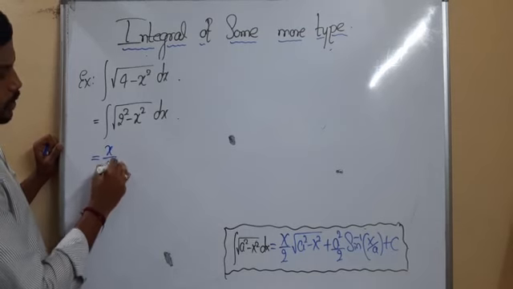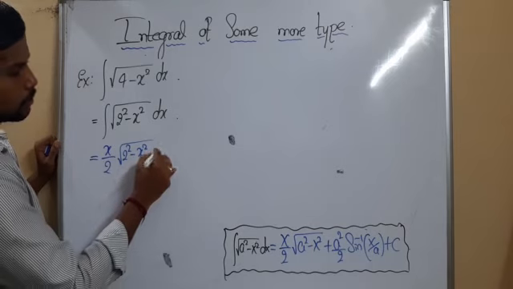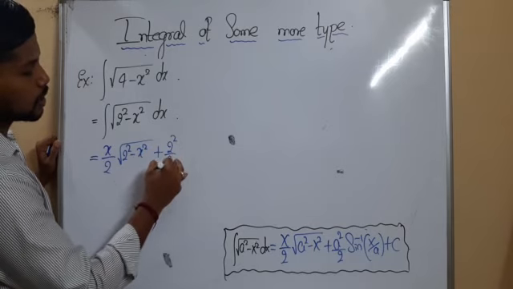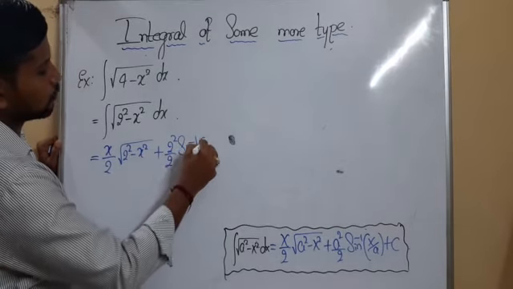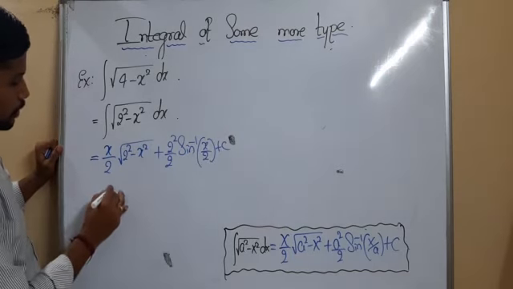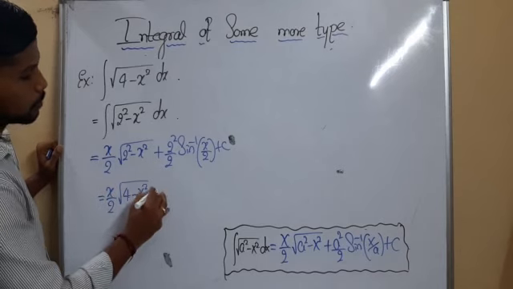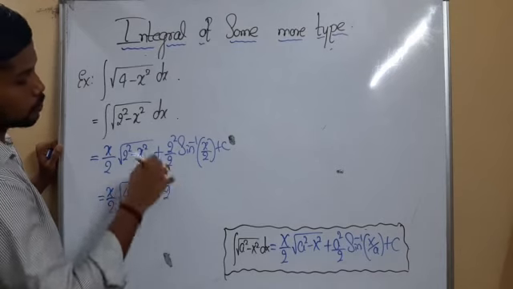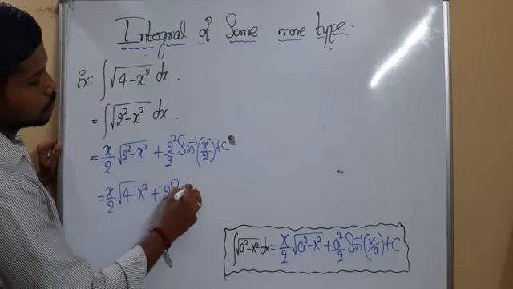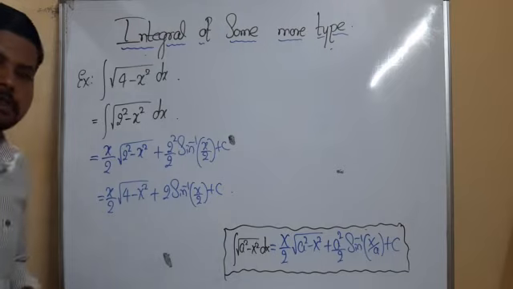It will be x by 2 square root of a square, meaning 2 square minus x square, plus a square, meaning 2 square by 2 sine inverse of x by 2 plus c. Got it? It will be x by 2 square root of 4 minus x square plus 4 by 2, which is 2, sine inverse of x by 2 plus c. Got the point clearly?